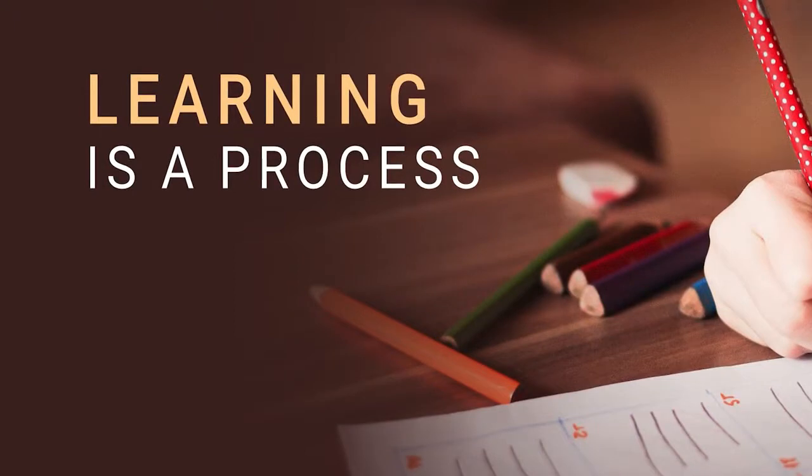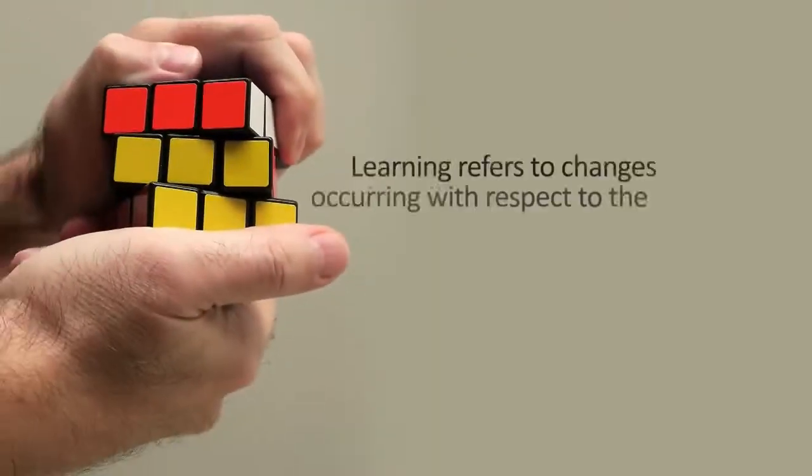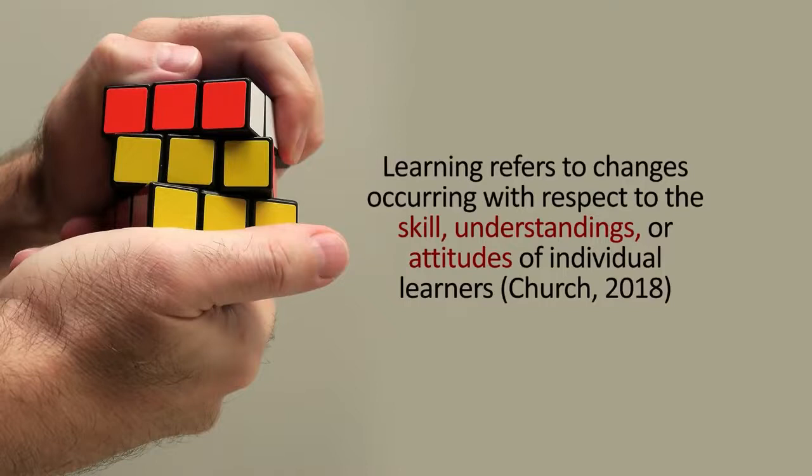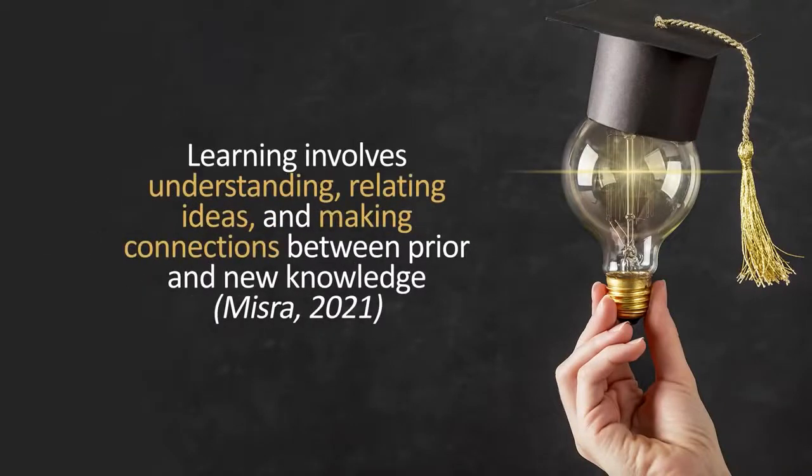Then there is another perspective, and that perspective is learning refers to changes occurring with respect to the skill, understandings or attitudes of individual learners. Then another perspective is that learning involves understanding, relating ideas and making connections between prior and new knowledge.